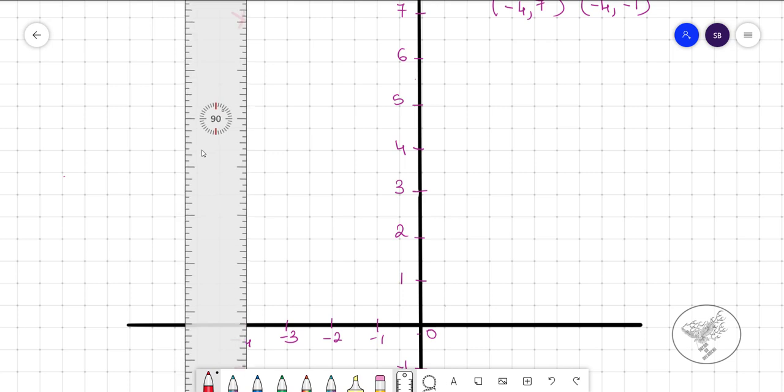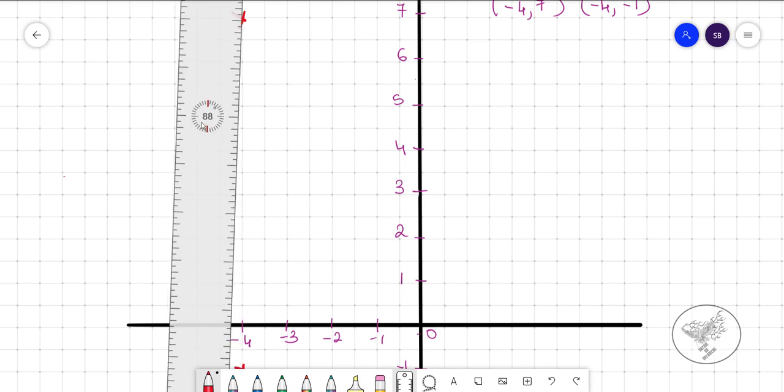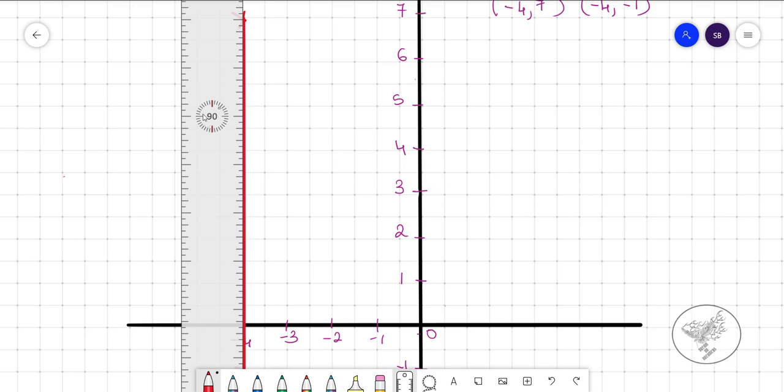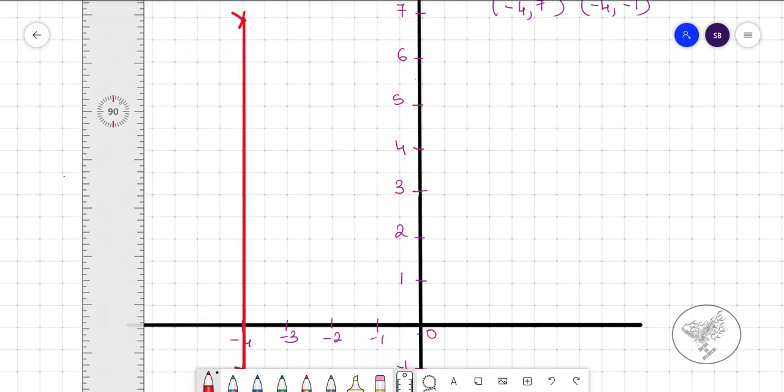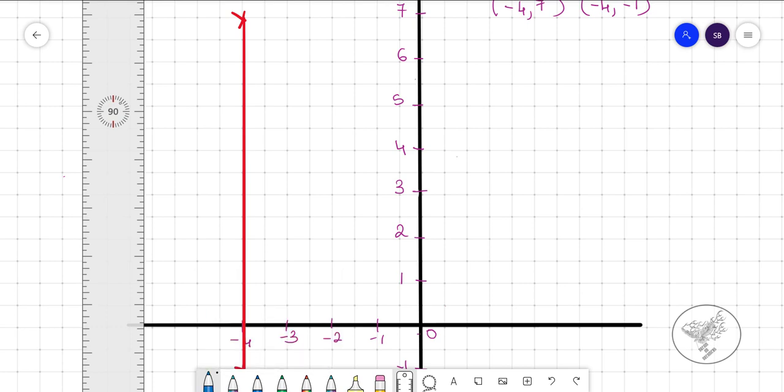To find the perpendicular bisector for this, so that is the line. My perpendicular bisector would be somewhere around this, in a horizontal. It would be a horizontal line.